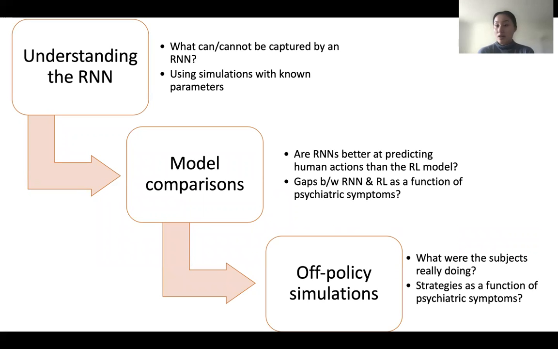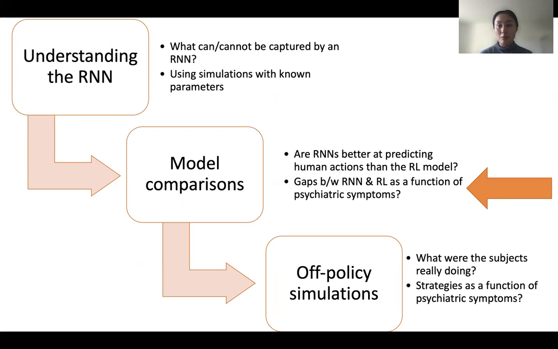So what are some future directions for us? First of all, we know that RNN across the board does better than RL in predicting decision-making behavior. So a future step could be to use the gaps between RNN and RL to predict psychiatric symptoms.